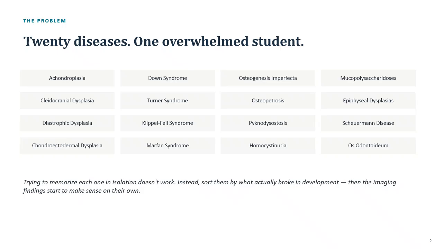Once you're able to identify the category that the disease fits in, the individual disease itself will become a little easier to name or place. So again, think of this as building a filing system in your mind before filling up the folders with all of the details.